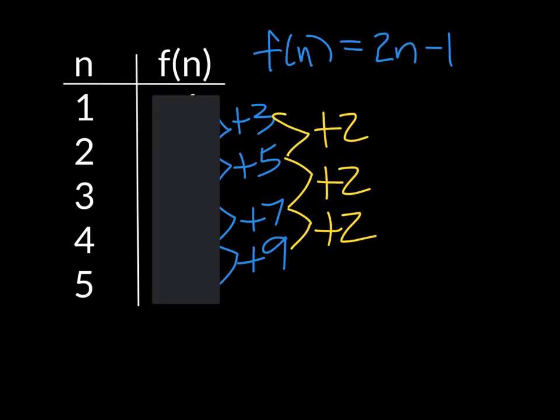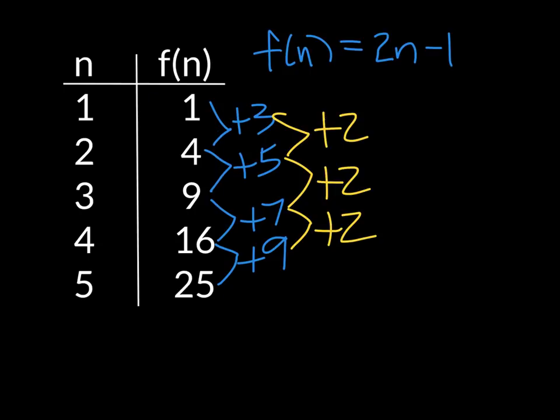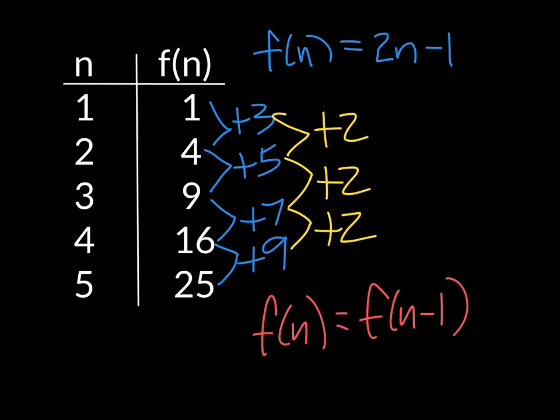But the data does exist, and it's quadratic data, and we're trying to write the recursive function for that. So the recursive function looks like this. The recursive function is always f of n equals f of n minus 1 plus the rate of change.